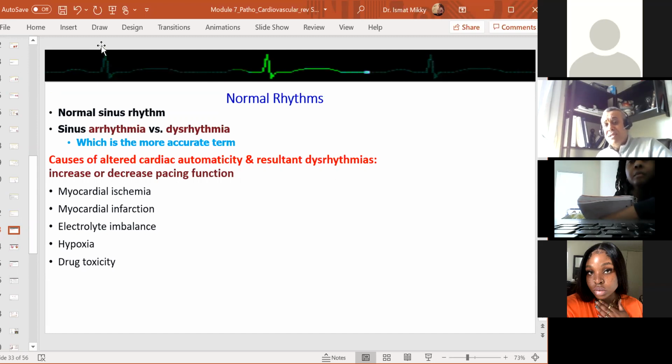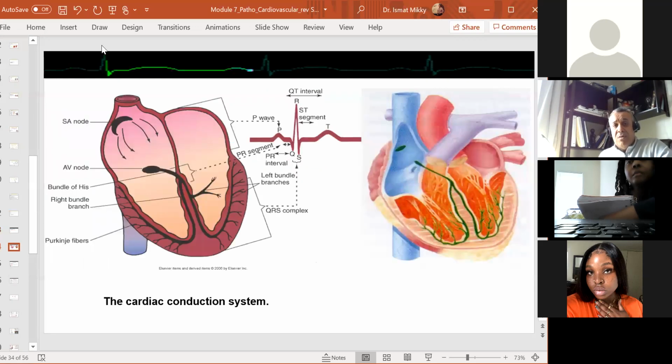Patients develop dysrhythmia due to a disturbance in the relationship between electrical conductivity and the mechanical response of the myocardium. The conduction system starts from the SA node, the natural pacemaker.